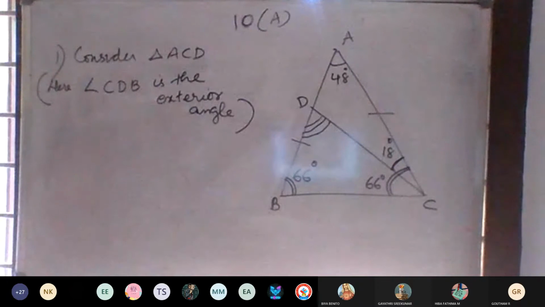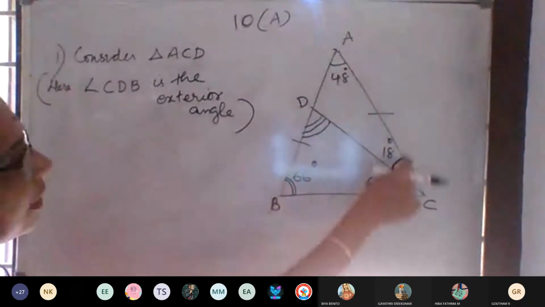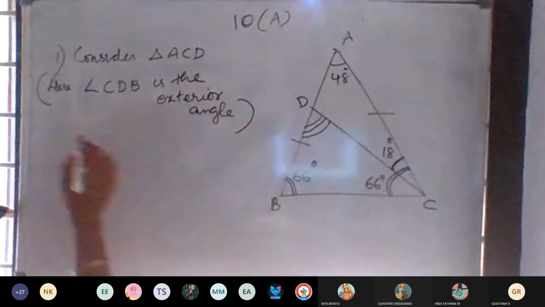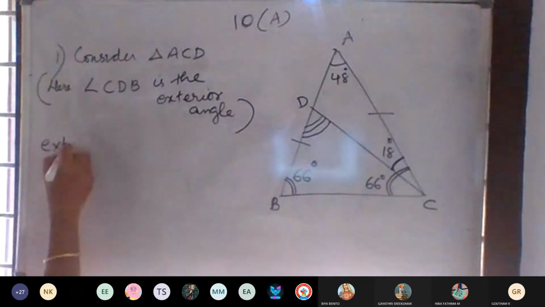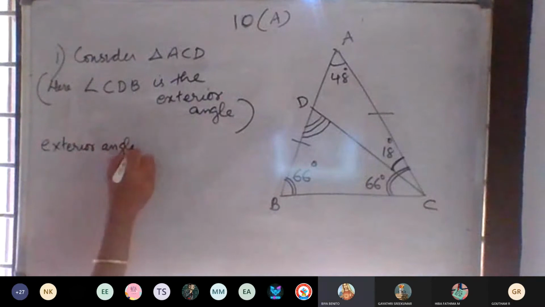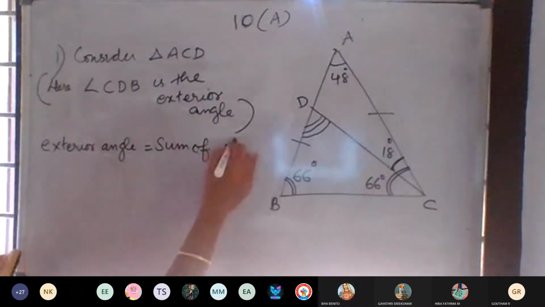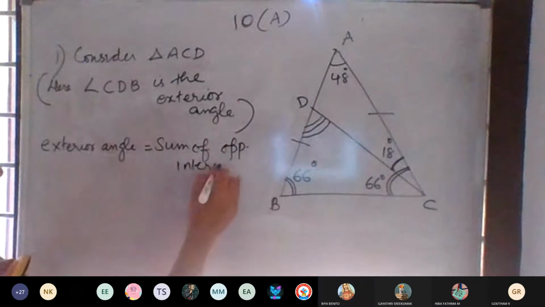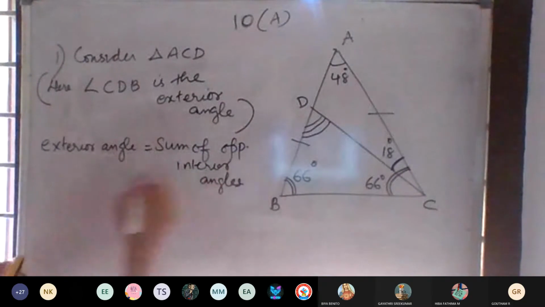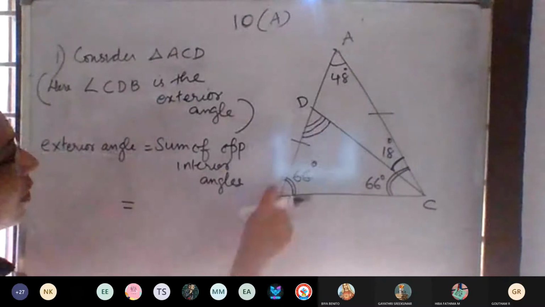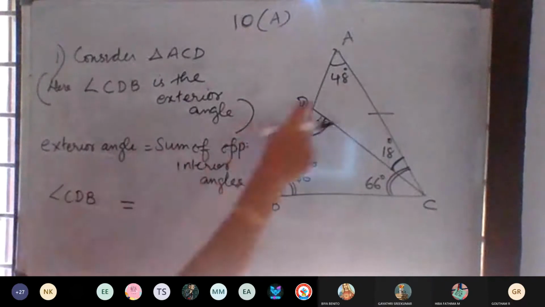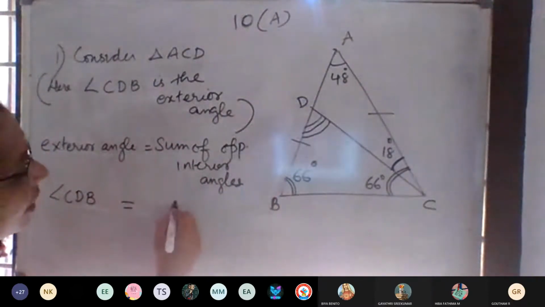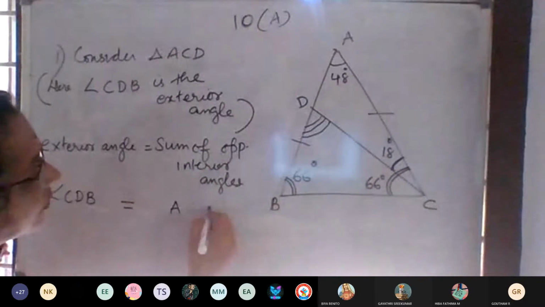So how can we write? Exterior angle is equal to sum of opposite interior angles. Exterior angle CDB is equal to sum of opposite interior angles, which means angle A plus angle C, isn't it?